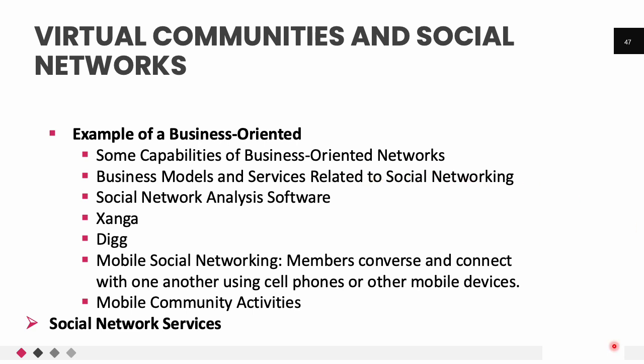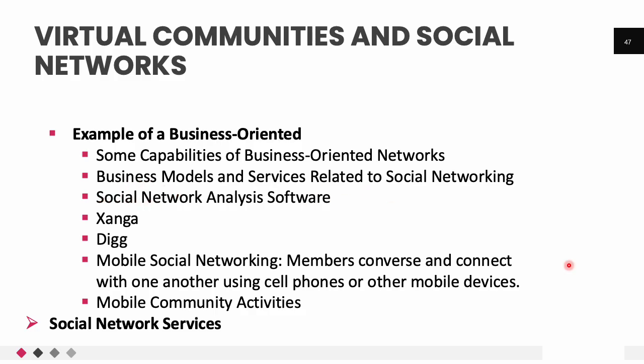This point focuses on how the social networks make money and the types of services built around them. Yeah. It can be through advertising, premium subscriptions, recruiting services, data analytics, integration with other services. Okay. Next one, the social network analysis software.